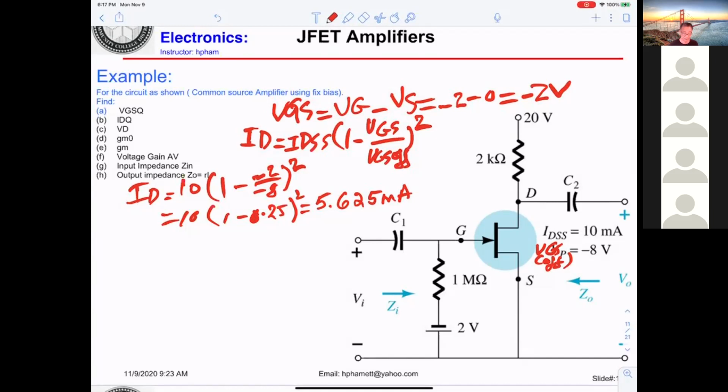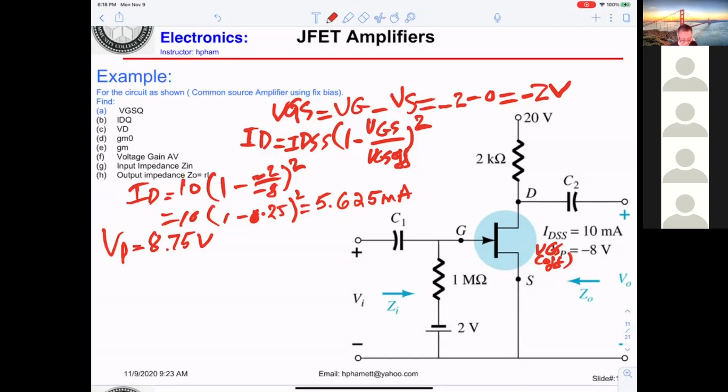Okay. VD. 8.75 volts. Same, 8.75 volts. VD, I get 11.25 volts.